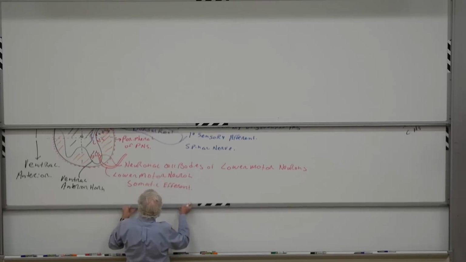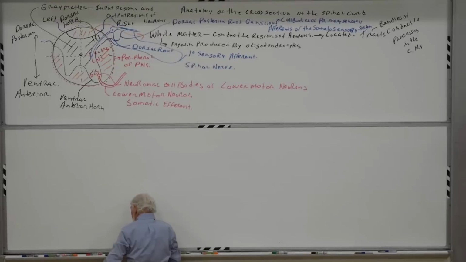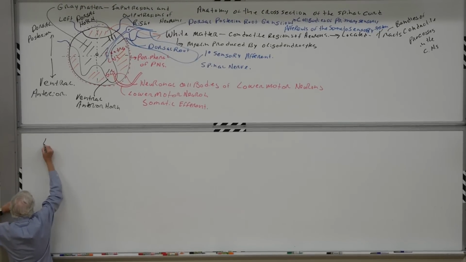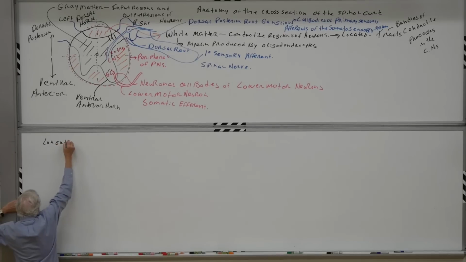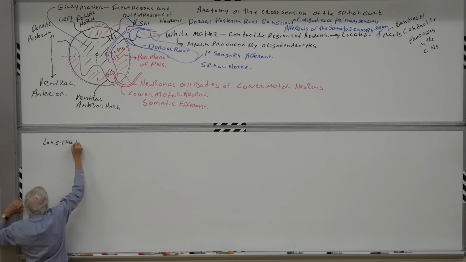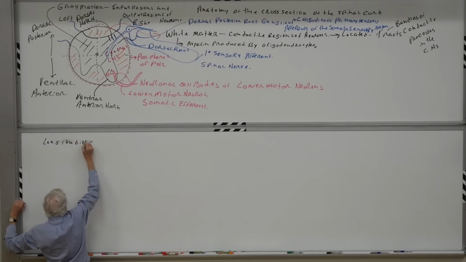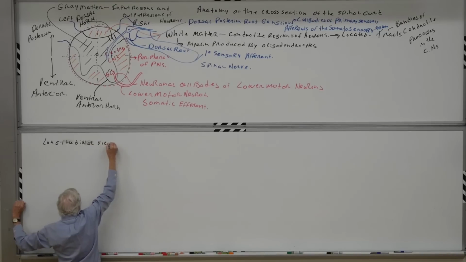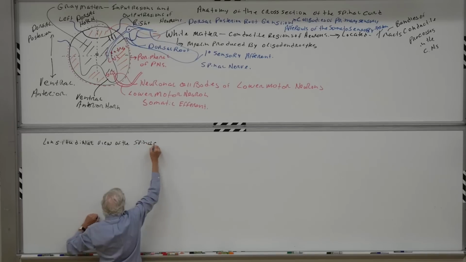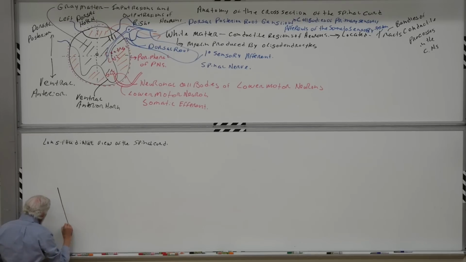On the upper panel, I'm going to change that view a little bit. And I'm going to describe in a very primitive way a longitudinal view of the spinal cord. So the longitudinal view of the spinal cord is going to look a little like this.